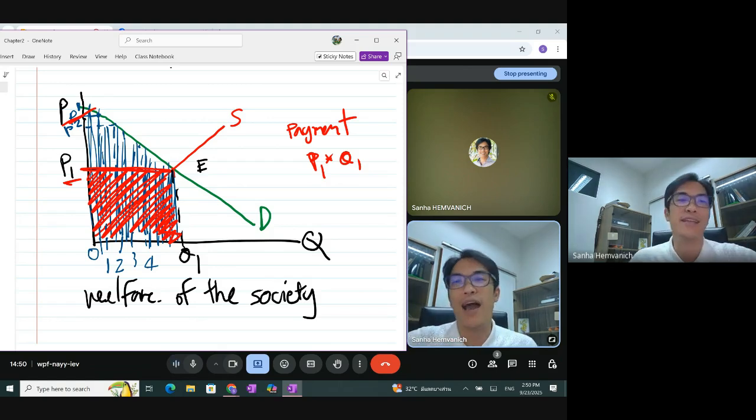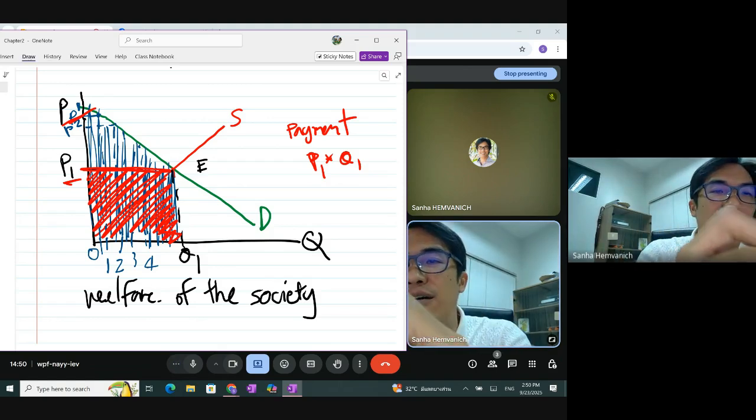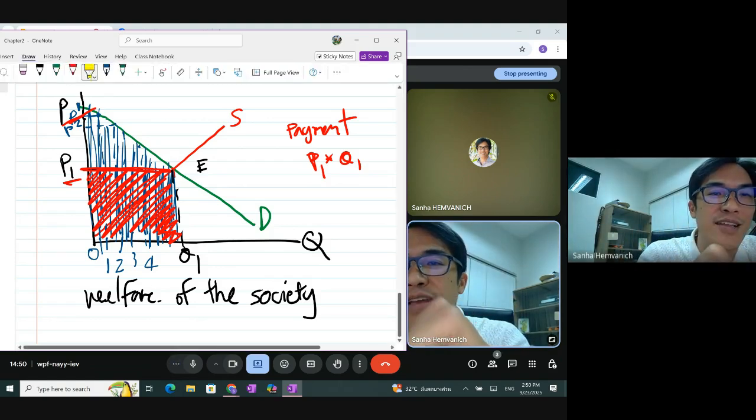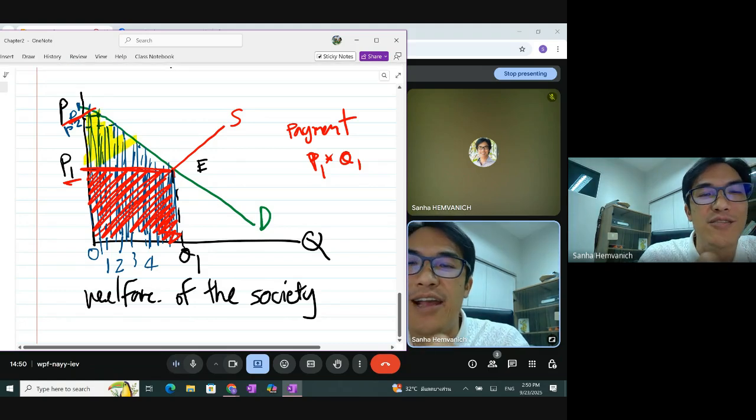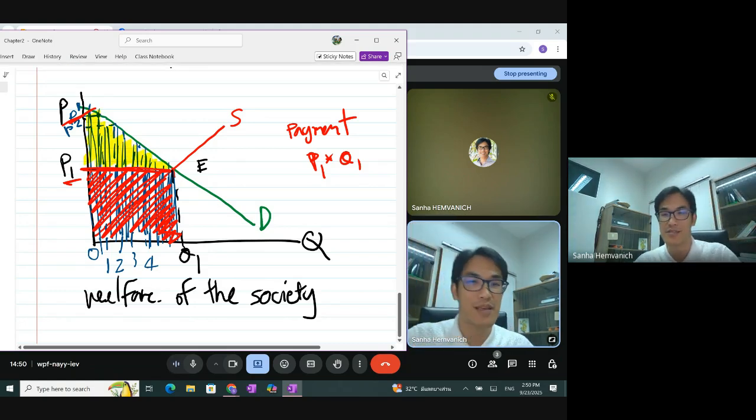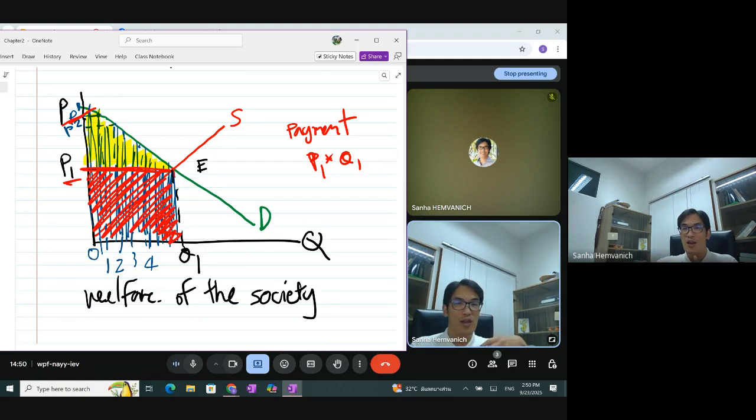That's why, for the consumer, this area of the triangle represents a surplus: the whole area under the curve represents willingness to pay, but you actually pay less than that. So it becomes a surplus.